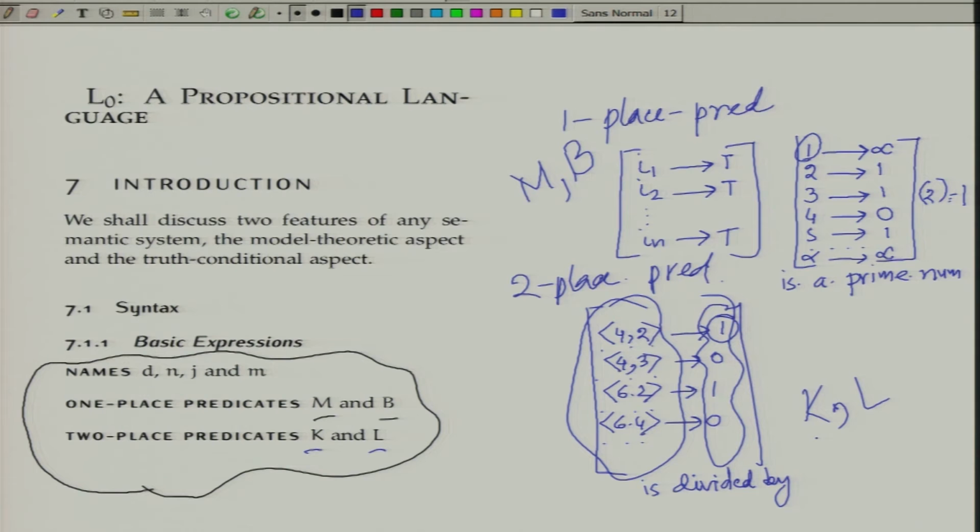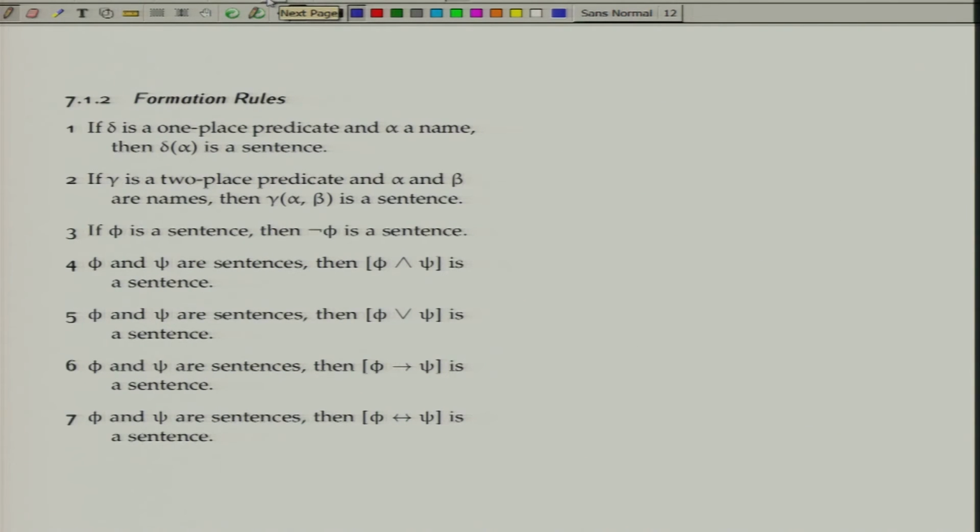Now, the rules, syntactic rules, the formation rules. If delta is a one place predicate, so delta can take only a one place predicate, nothing else, and alpha are named.